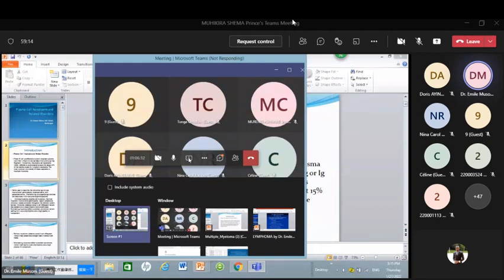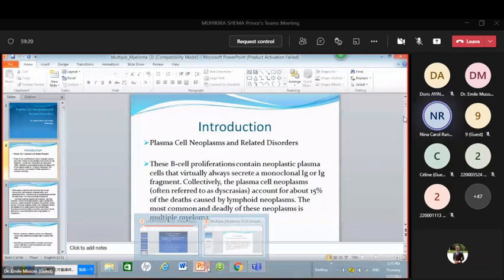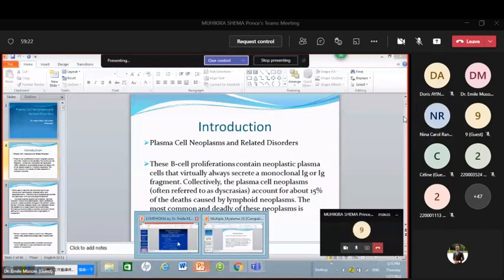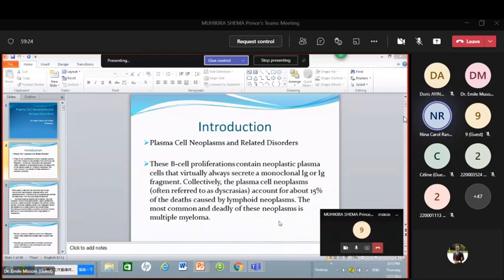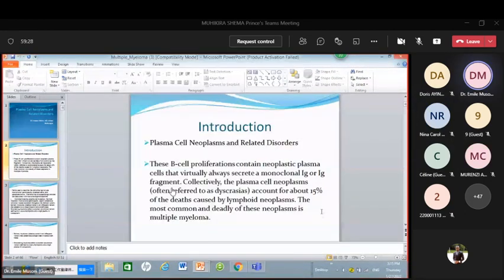Maybe it was because of the internet connection. Can you see it? Yes, we can now. You see now the image?